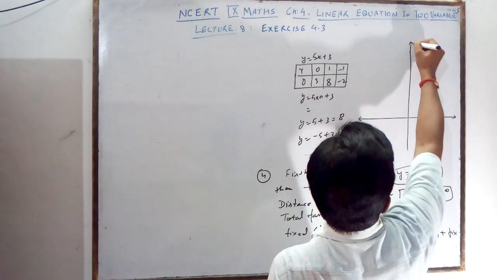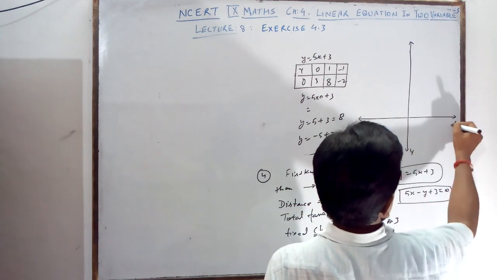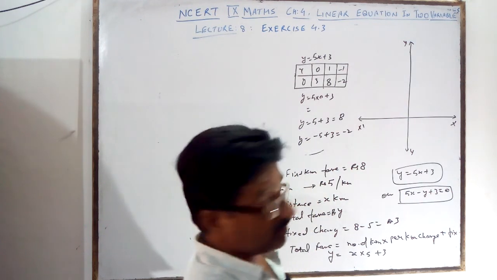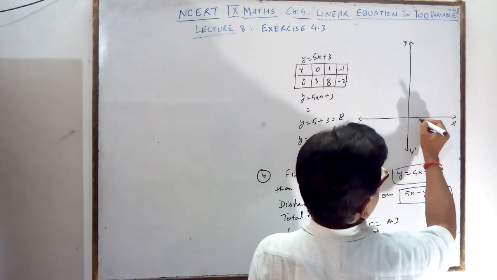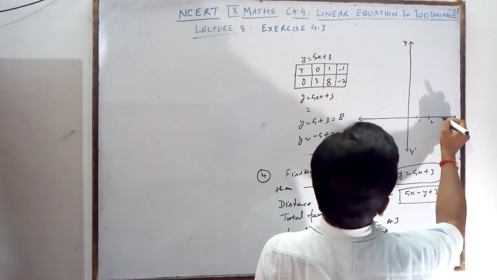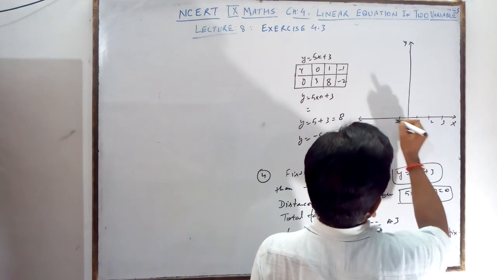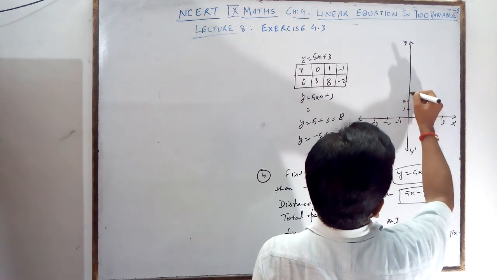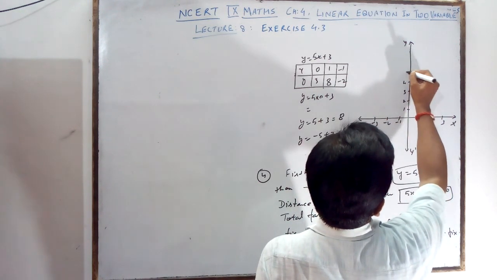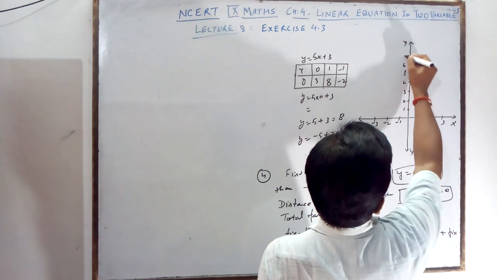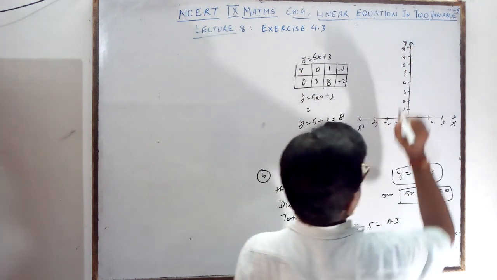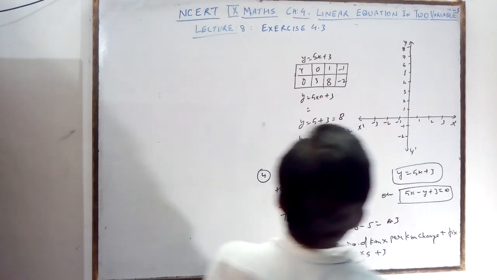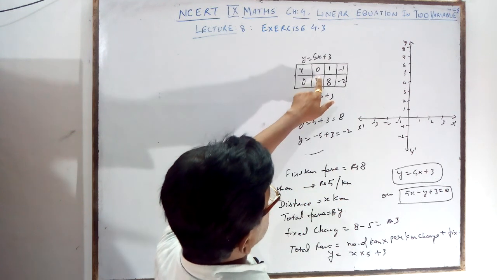It must be x dash, y dash. 1, 2, 3, minus 1, minus 2, minus 3, 1, 2, 3, 4, 5, 6, 7, 8. Here minus 1 and then minus 2. So 0, what is the 0? 0, 3.